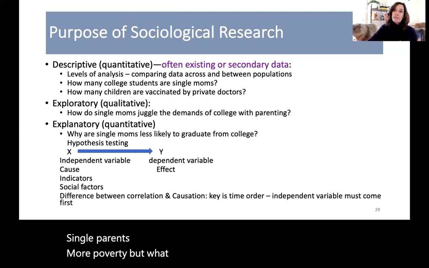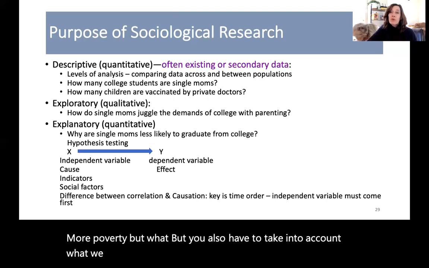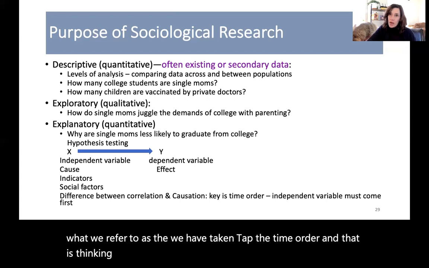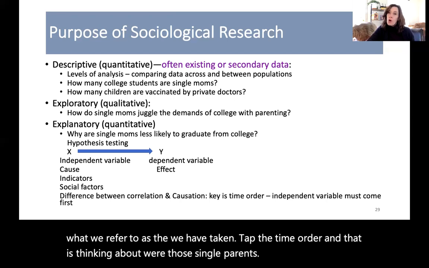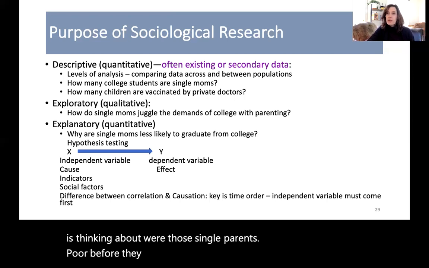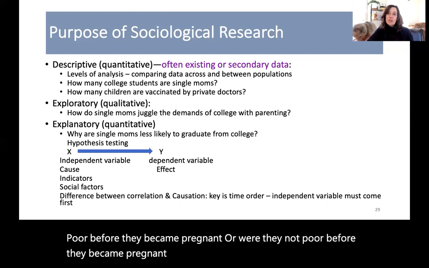But you also have to take into account what we refer to as the time order, and that is thinking about, were those single parents poor before they became pregnant, or were they not poor before they became pregnant? What came first, the poverty or the pregnancy?